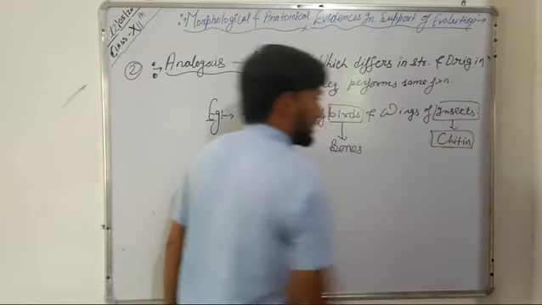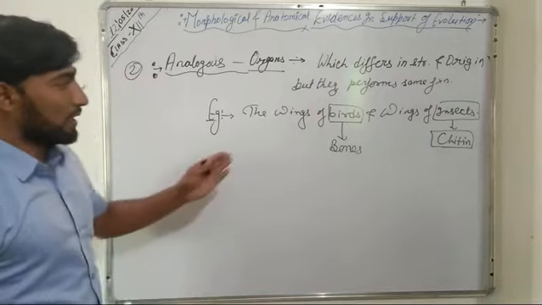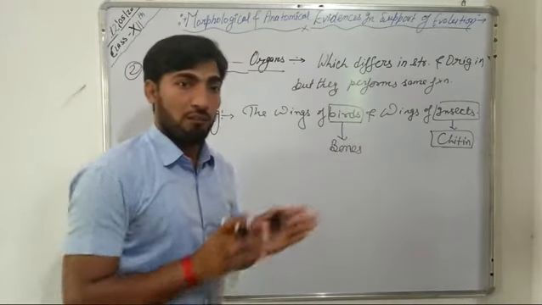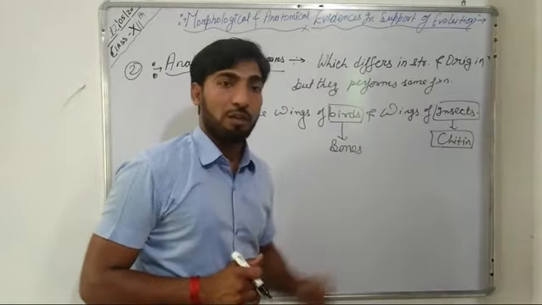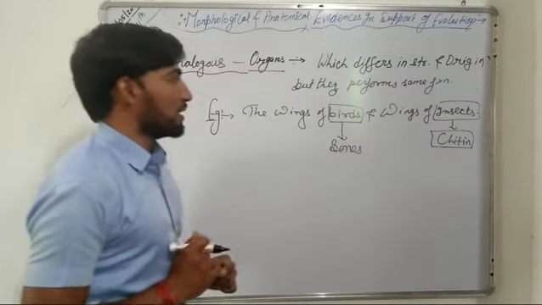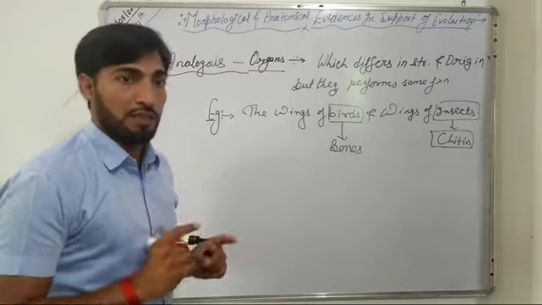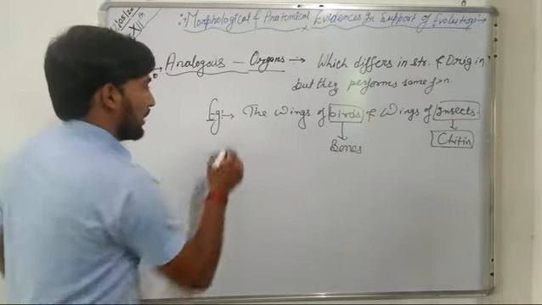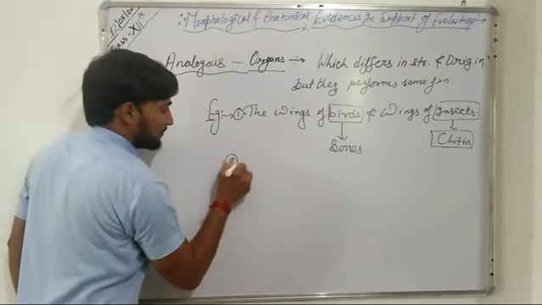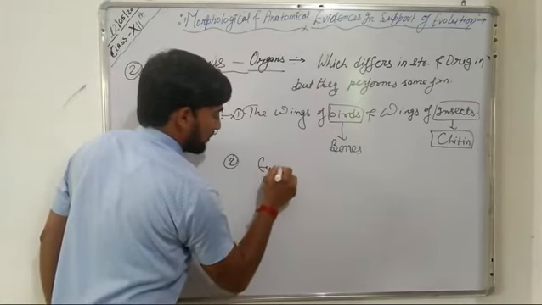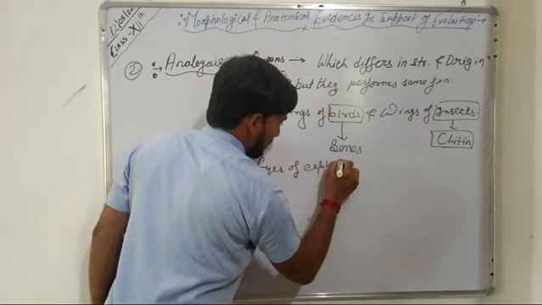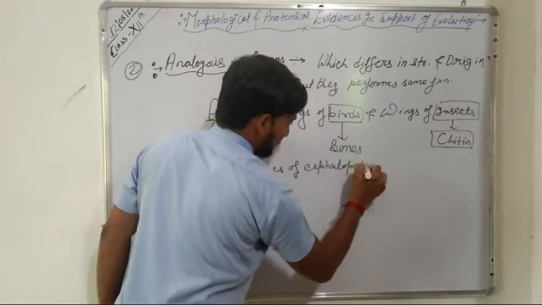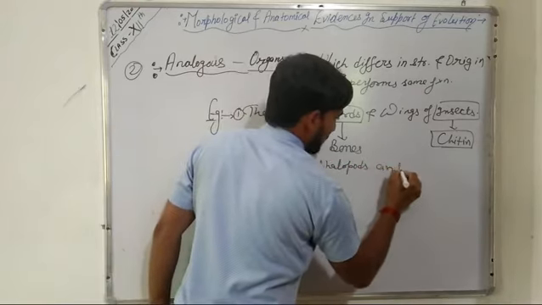So structurally the wings are different in birds and insects. In one they are made up of bones and in the other of chitin, but in both cases the wings have the same function, that is flying. Now the second example is the eyes of cephalopods and humans.